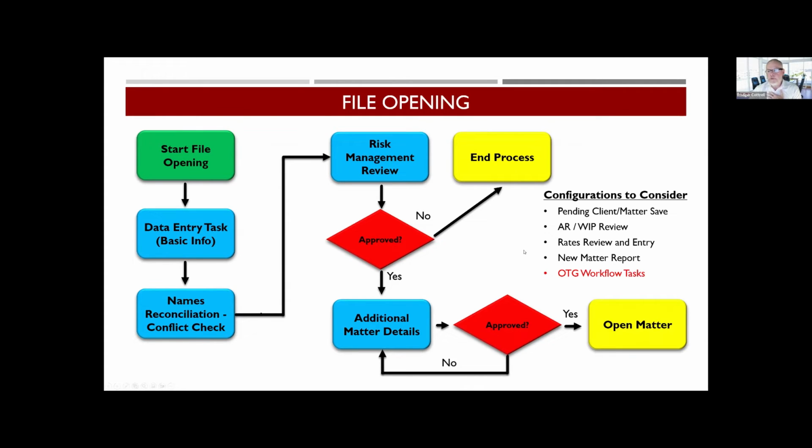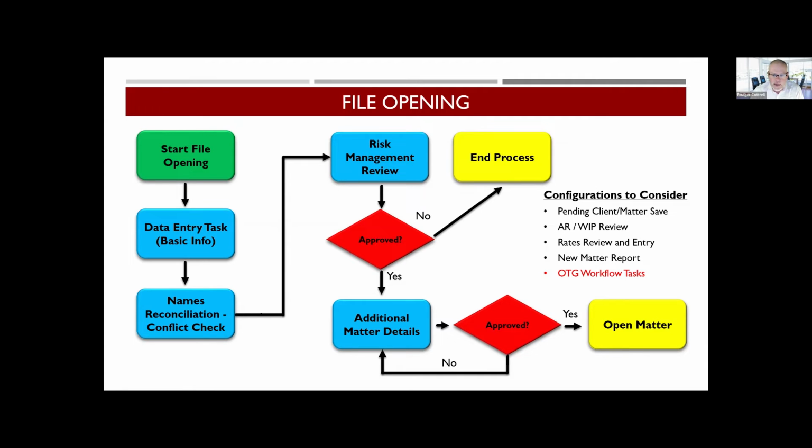Now, there are a number of things to consider in addition to what I've shown you here. You can create as many different workflow stages or tasks that you want. One that I see frequently is a pending client matter save. So in this example, we didn't create the actual matter until the whole process was complete.